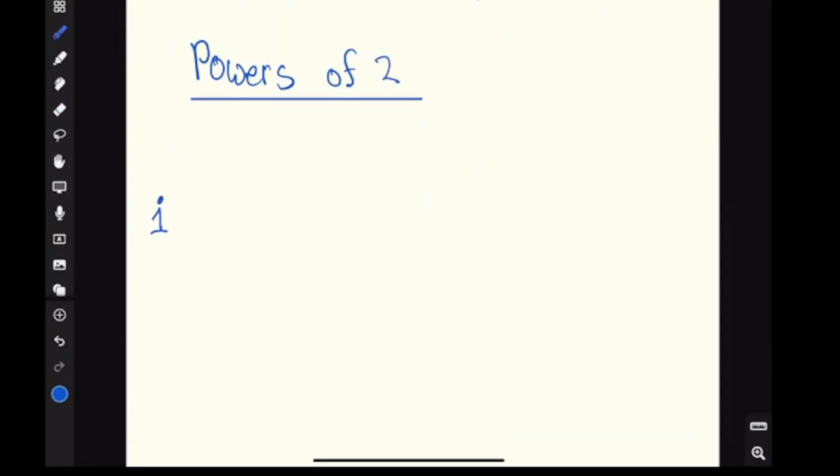1, 2 is represented like this. So this will basically form a square, then cubes, then 2 cubes. How will you represent 4 in the same way? 1, 2, 3, 4. Join the dots. 4, 2 squared is 4.